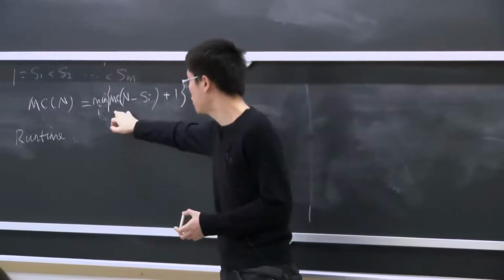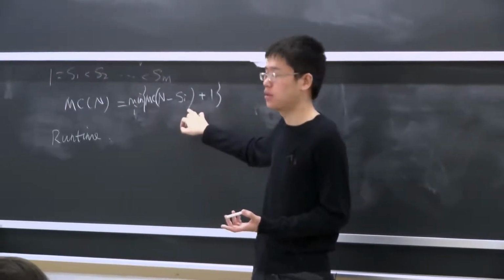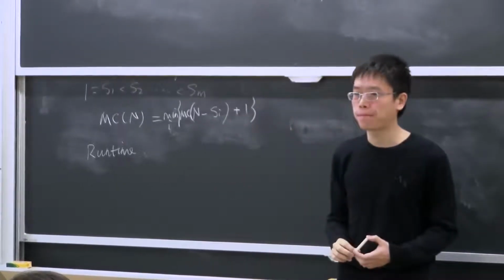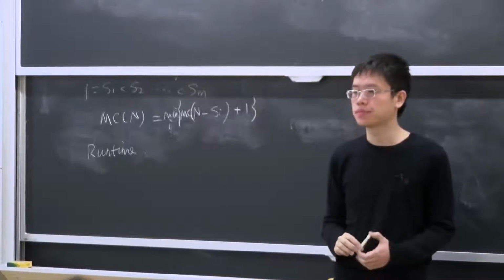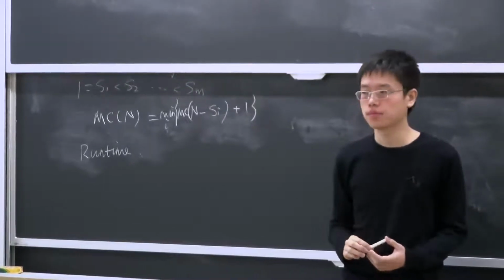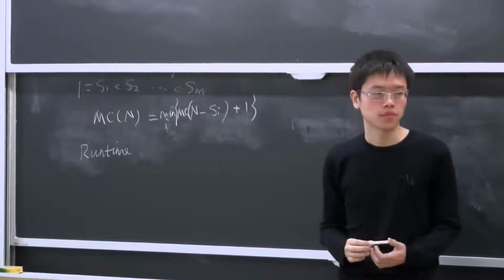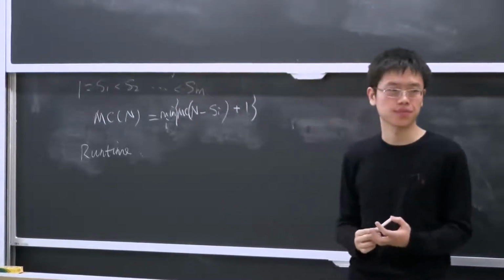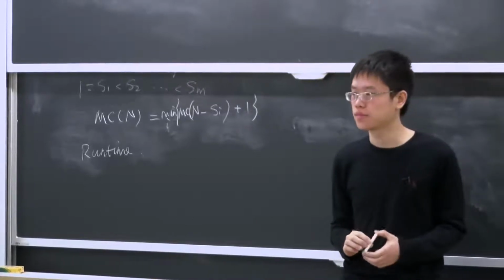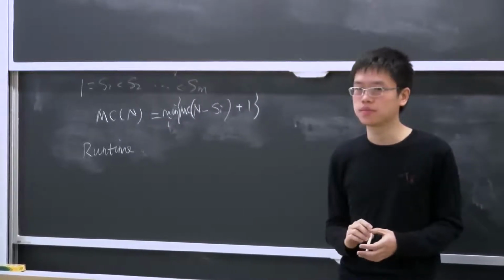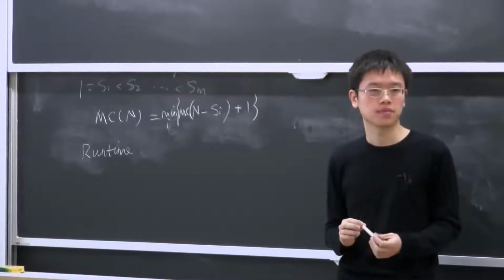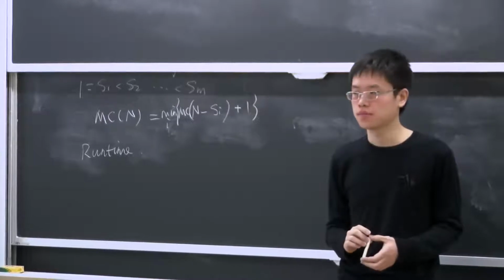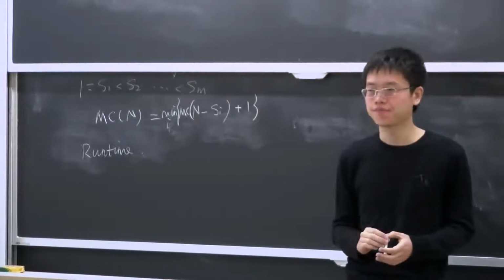To be clear, for this one, we have to call this recursive call again, right? And minus S_i, probably minus S_j. And if you cannot compute how many subproblems there are, let's just give a bound. Any ideas?